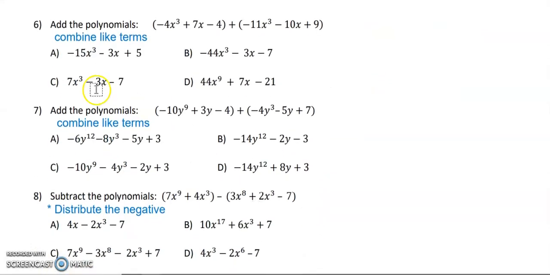All right, so for number 6, let's go ahead and add the polynomials. So the first thing we need to do is combine like terms. Remember, like terms have the same variable with the same exponent. So I know that negative 4x to the third and negative 11x to the third are like terms. And negative 11 plus negative 4 is going to be negative 15x to the third.